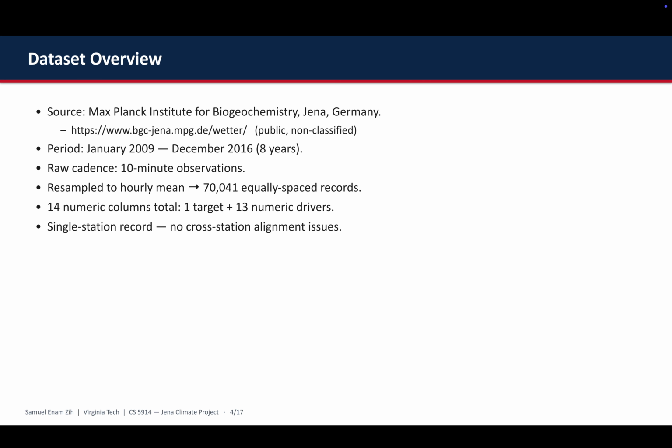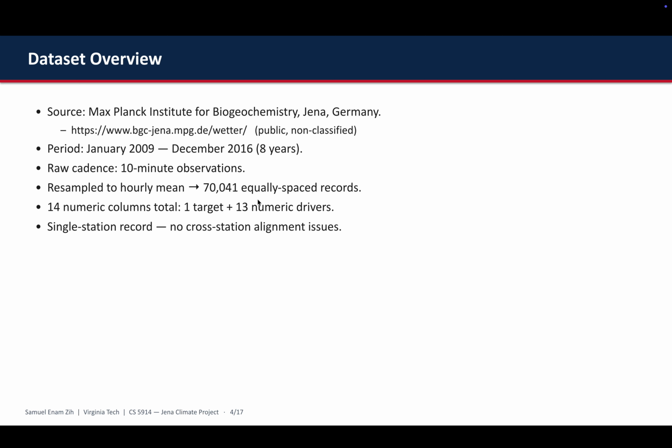The data comes from the Max Planck Institute for Biogeochemistry. It's a public, non-classified meteorological record covering January 2009 through December 2016, 8 full annual cycles. The raw cadence is 1 observation every 10 minutes. I resampled to hourly means to match the proposal exactly, giving 70,000 equally spaced records.